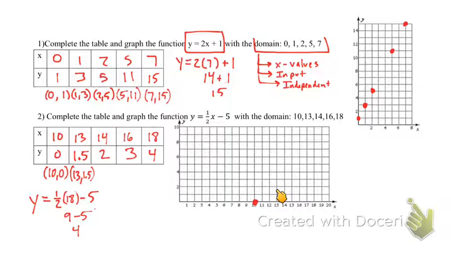So right there. And then we're going to do 14, 2. 16, 3. 18, 4.